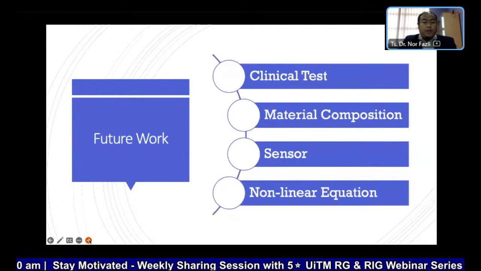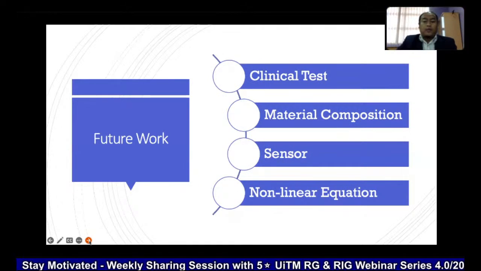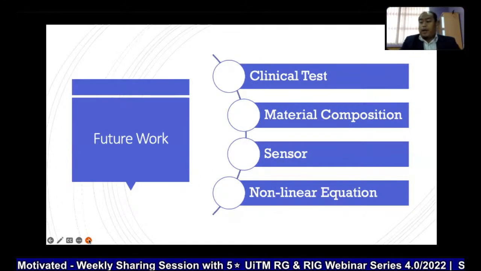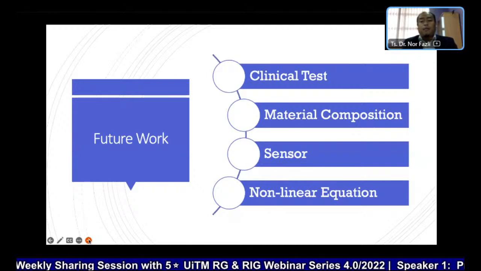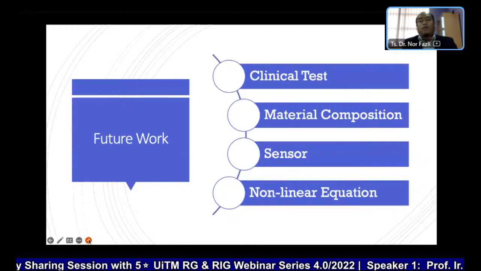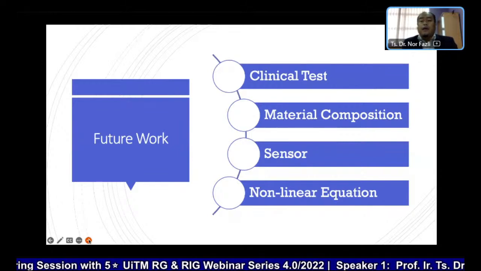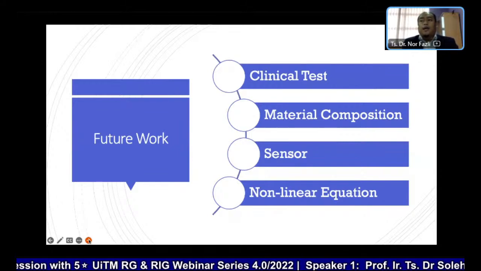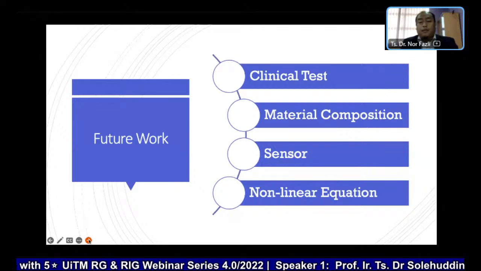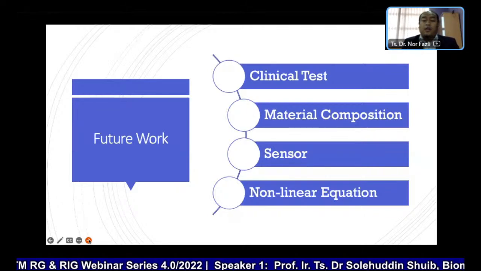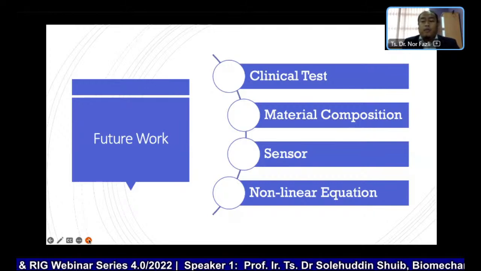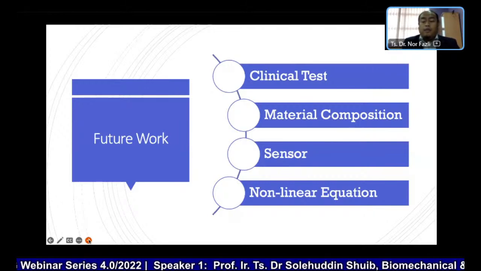This would be future work. I hope clinical tests can be involved, with involvement from medical experts. So if there is any collaboration, we can discuss with the dentistry team.